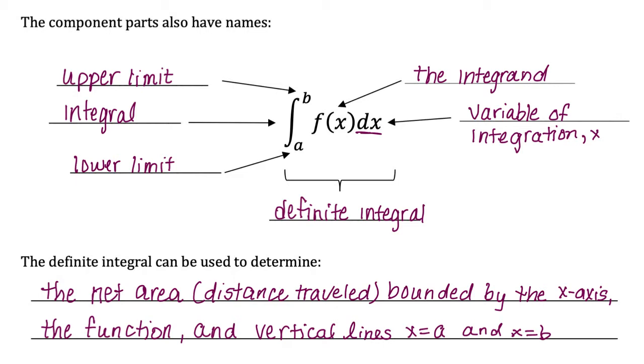The definite integral is the whole thing put together. The integrand is your function, and then your variable of integration there, dx, is just going to be the x part. And remember that the definite integral can be used to find your net area, or a distance traveled, bounded by the x-axis, the function, and vertical lines, x equals a to x equals b.